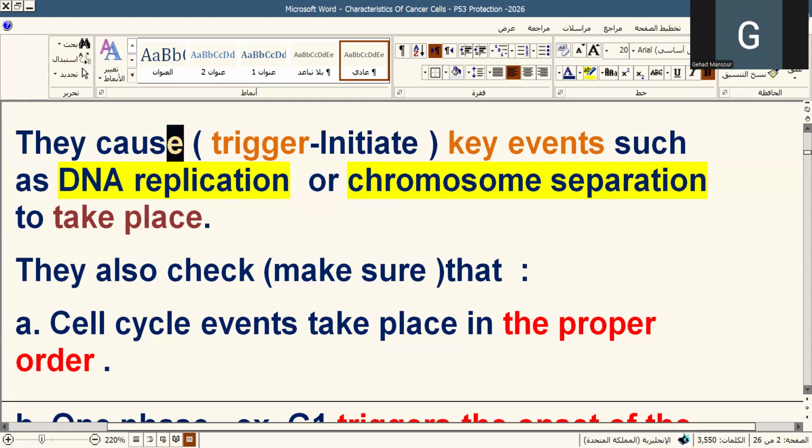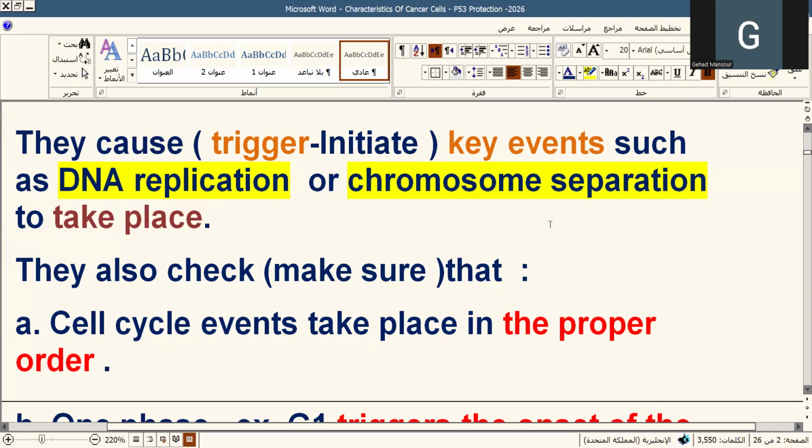And when I say cause here, I do not mean that they allow these key events to occur. No, they do not just allow, because if you say allow key events to occur, this means that these key events can occur without the presence of the cyclins and cyclin-dependent kinases, and that they are just there to facilitate.